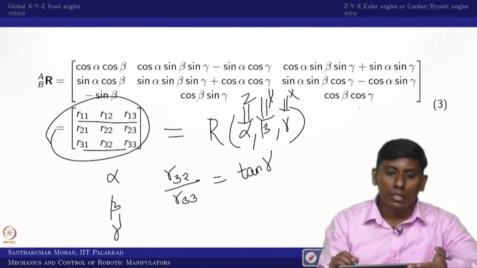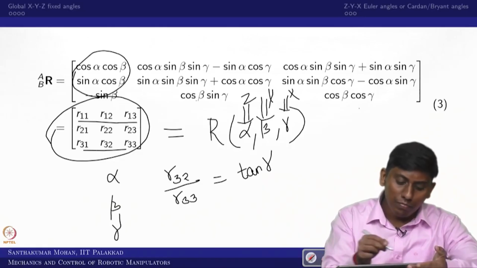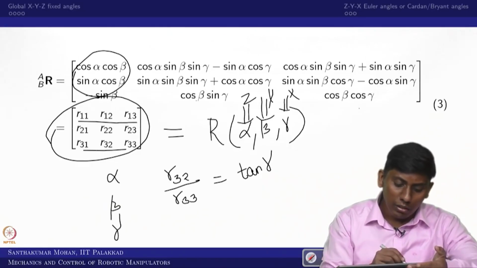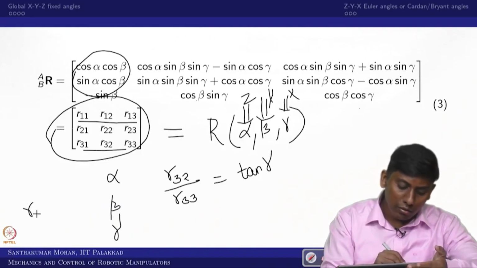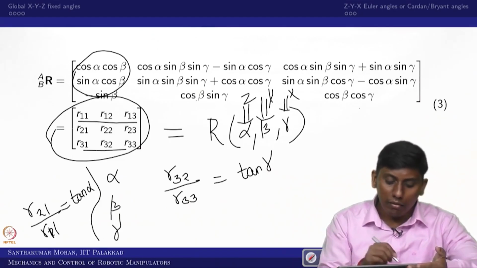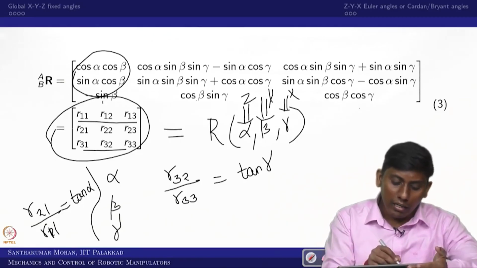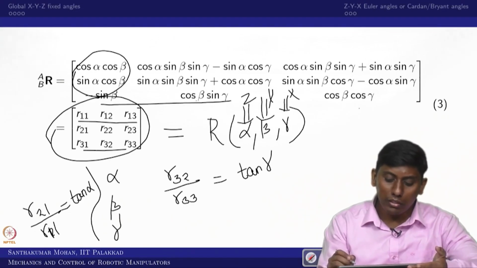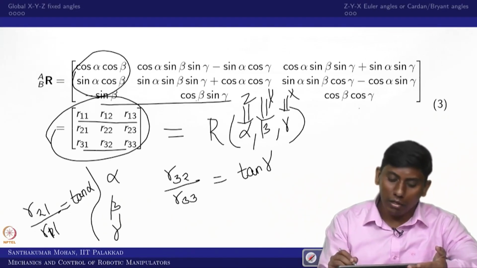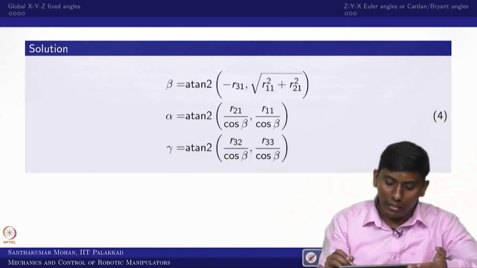Similarly, I take R21 divided by R11, which gives tan alpha. Once I get these, I can substitute and find beta as well. That is what I am writing as an equation.